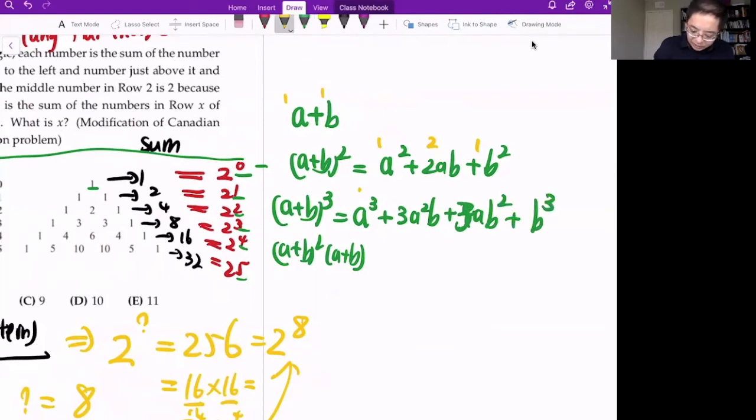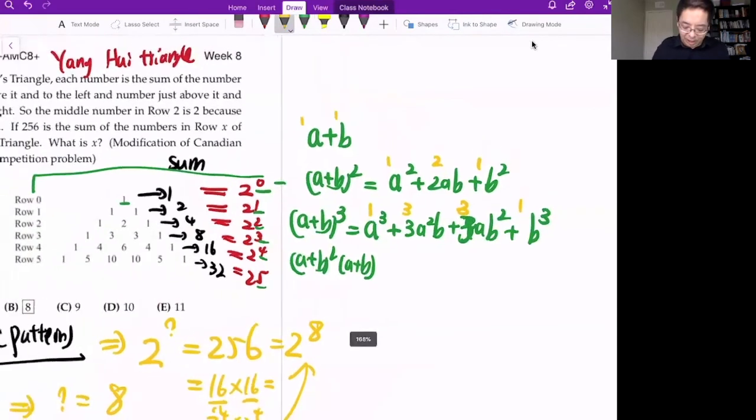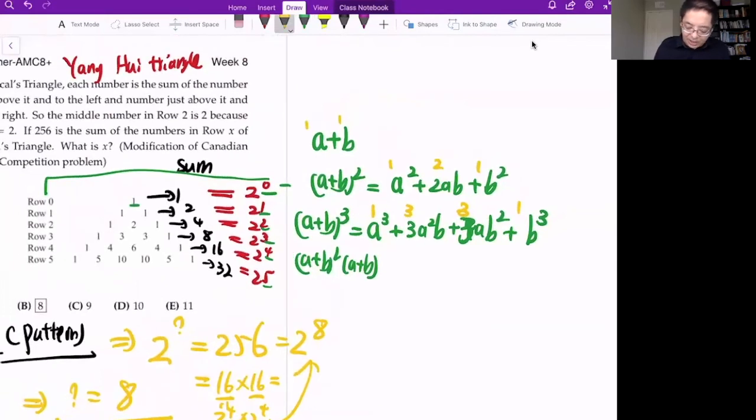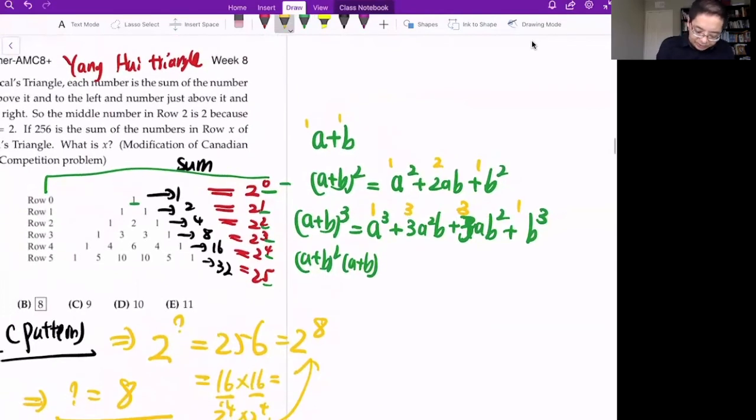So what you get is 1, 3, 3, 1. My point is, this is how it's related to the Pascal triangle. The Pascal triangle has 1, 1, which is the coefficients here, and then 1, 2, 1, and 1, 3, 3, 1. This is row 1, this is row 2, and this is row 3.